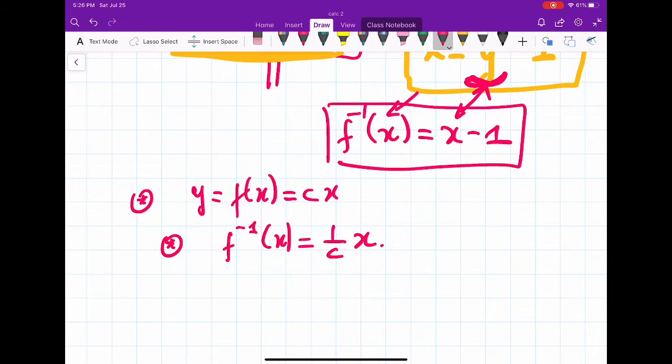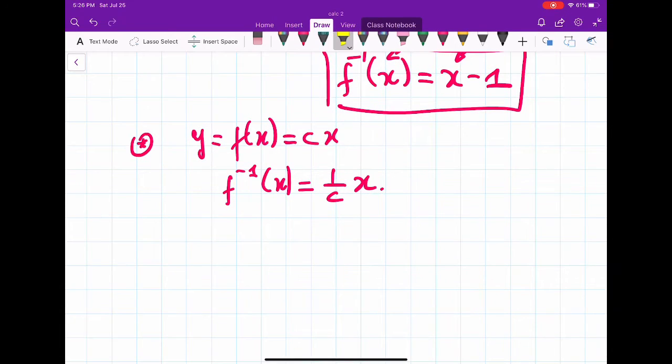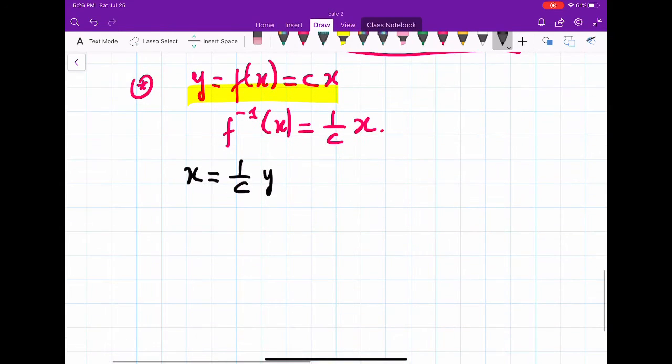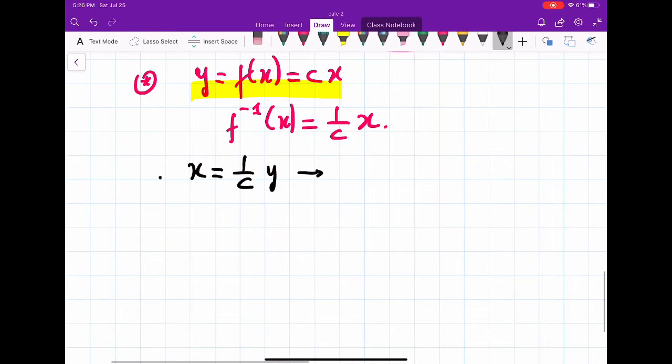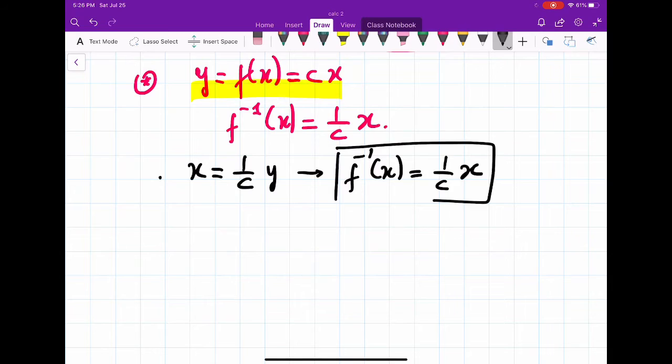But if you want to see this analytically, we need to solve this equation for x. So we solve that. I get x equals 1 over c times y. And then from here, I need to interchange, replacing y with x. So I can write, in this case, the inverse of this function is equal to 1 over c times x. So you get exactly the same as before.